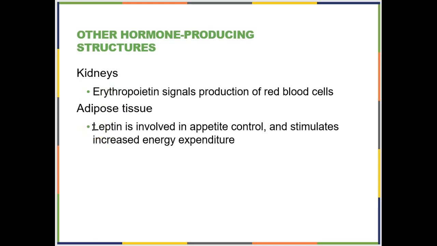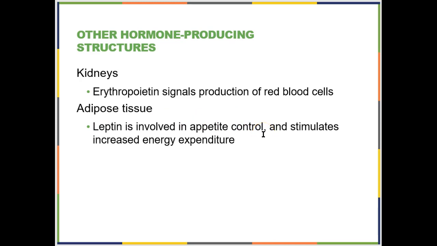Leptin is one that we do want to know because it's not going to come up anywhere else, except maybe the reproductive system. It's produced by adipose tissue. It is a hormone, and it's involved, as this says here, in appetite control.